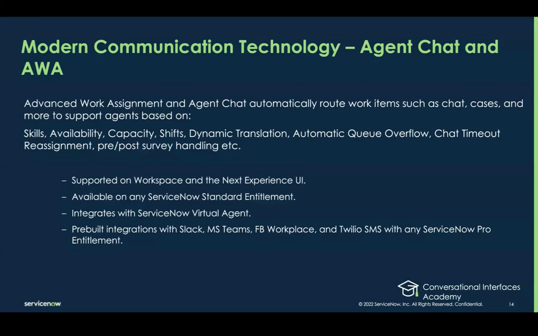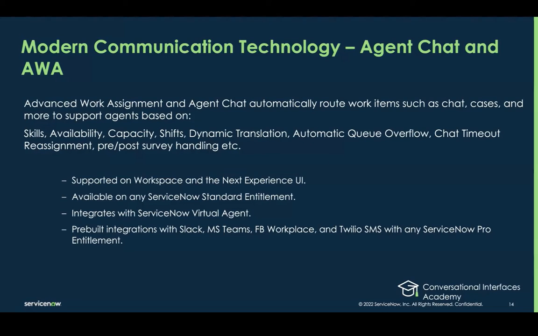Let's take a quick high-level look at what you will get with advanced work assignment and agent chat. With advanced work assignment, the routing goes automatically for any case, chat, incident, or problem for your agents to support. When it assigns to an agent, it looks at the agent's skills, availability, capacity, and what shift they are in, and it also has dynamic translation.